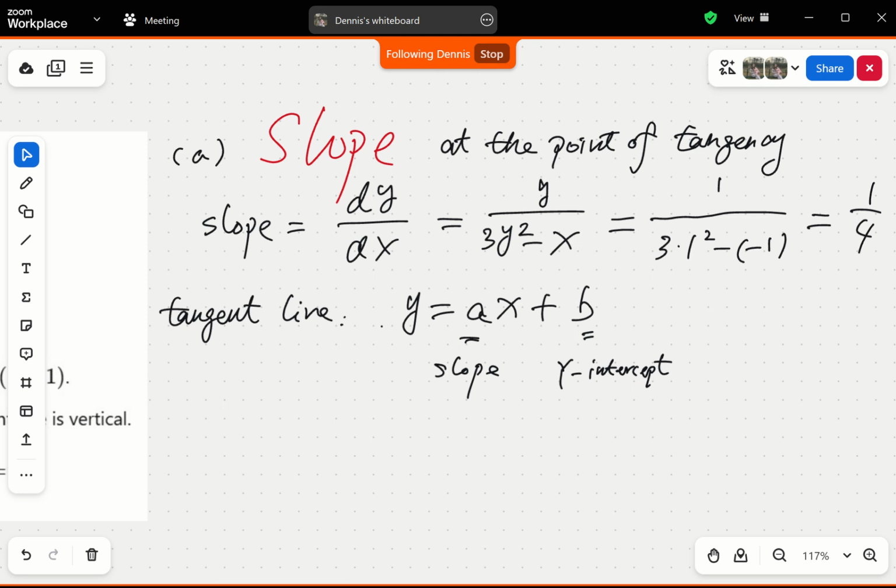And we just substitute that back into the tangent line's expression. So we have the left-hand side y, which is 1, equals a, the slope, which is 1/4, times x, which is -1 at the point of tangency, plus b. So easily we solve b = 5/4.